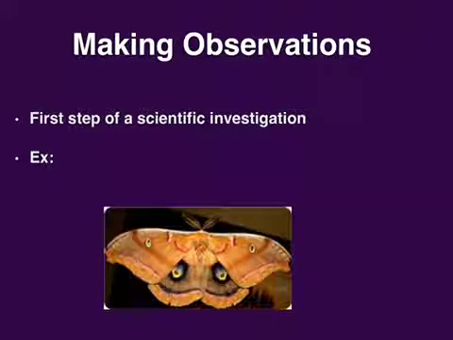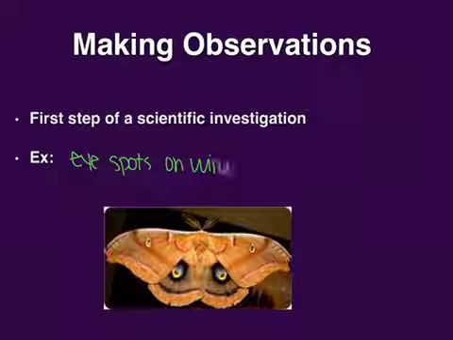The first step of the scientific method is to make observations. If we were to look at this picture of a moth, you could observe that there are some eye spots on the wings, like here and here.